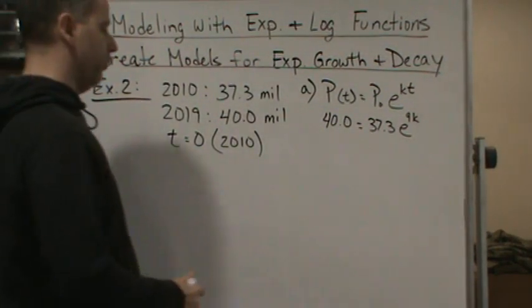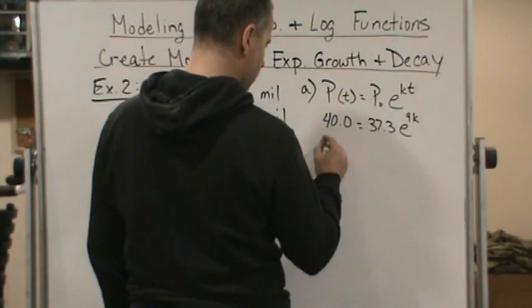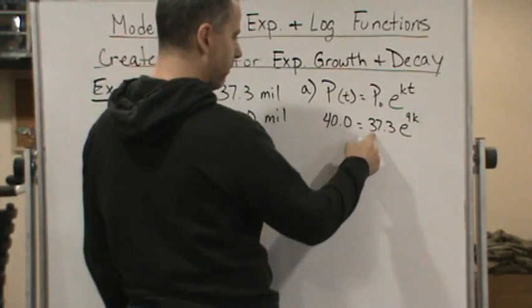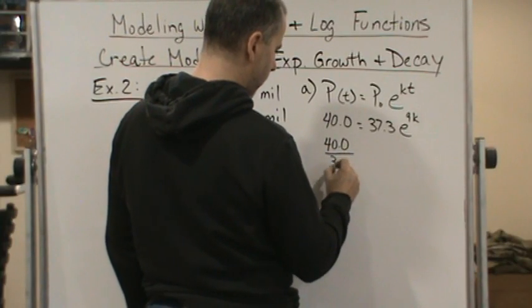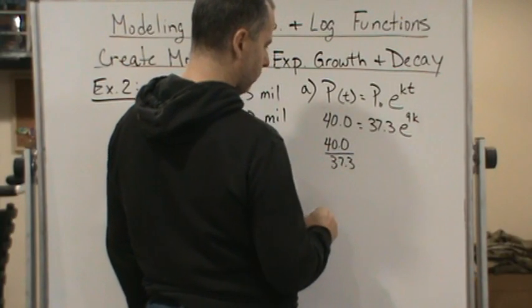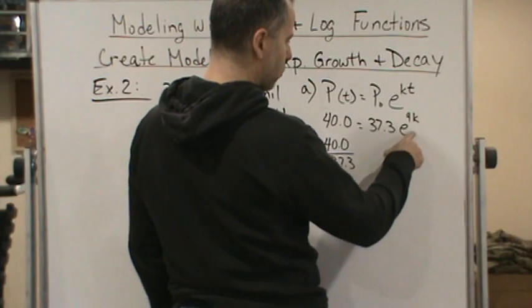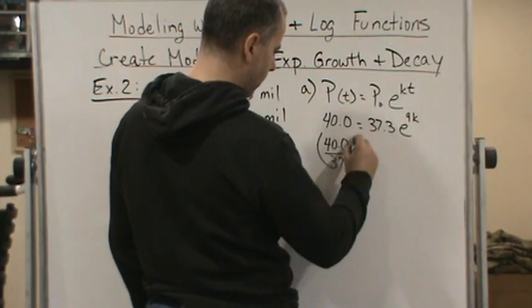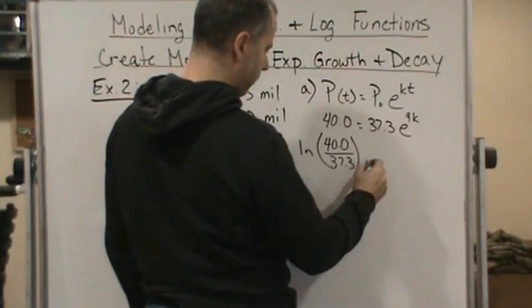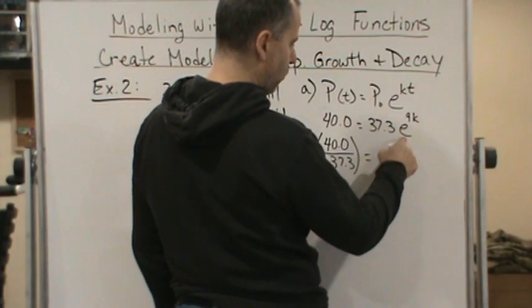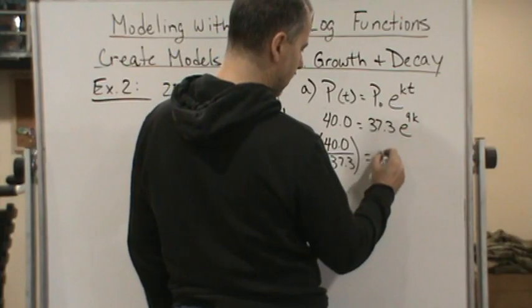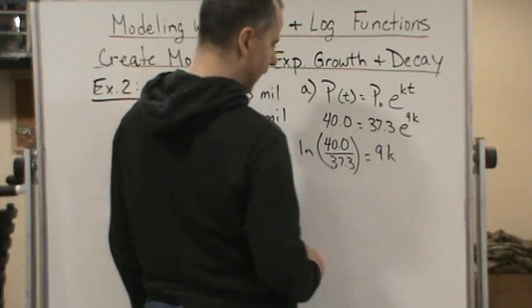Okay, now, guess what? Now we're going to solve using what we've been doing. So we're going to divide both sides by 37.3. So we're going to get 40.0 divided by 37.3, right? And then we're going to take the natural log of both sides. So we get natural log of this equal to the natural log of this. But again, the natural log and the e will cancel out, and we get 9k.